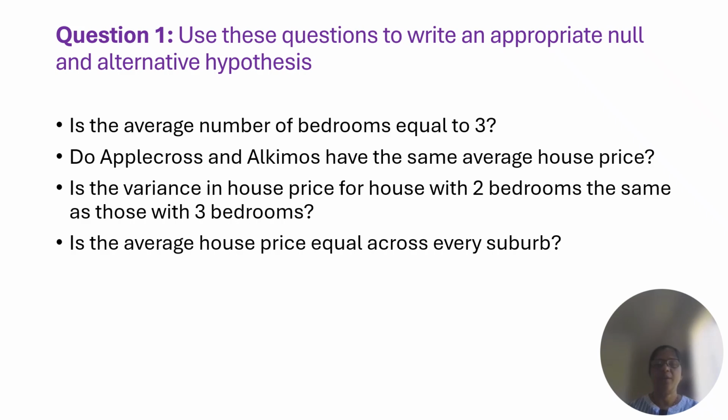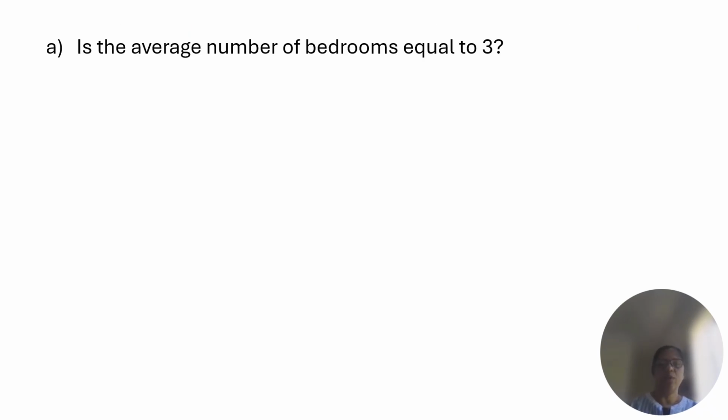So with that in mind, moving on to part 1 of question number 1: is the average number of bedrooms equal to 3? Here we are testing a population mean, a single population.